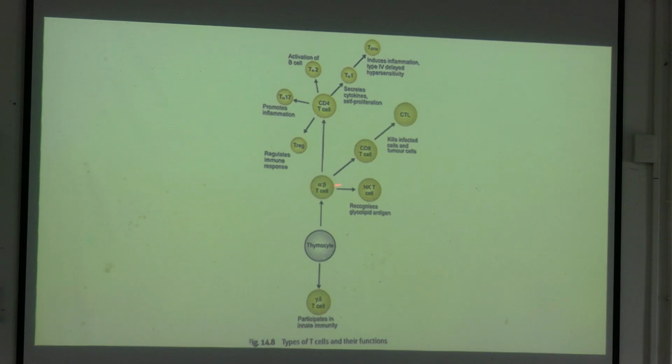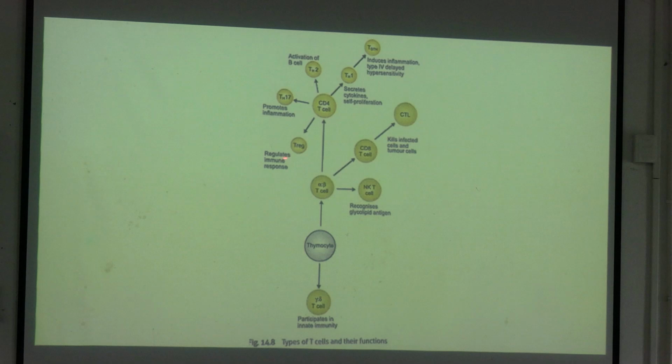Now this is again differentiation of the T cell. If you see the thymocyte here, the thymocyte was in the thymus, and from there what happened? Alpha beta T cells formed, and from the alpha beta T cell one cluster went to CD4 T cell, one cluster went to CD8 T cell. Now the CD8 T cell again matures and develops into cytotoxic T cell, and from the CD4 T cell, see what happens, there are many kinds of associated T helper cells being developed.